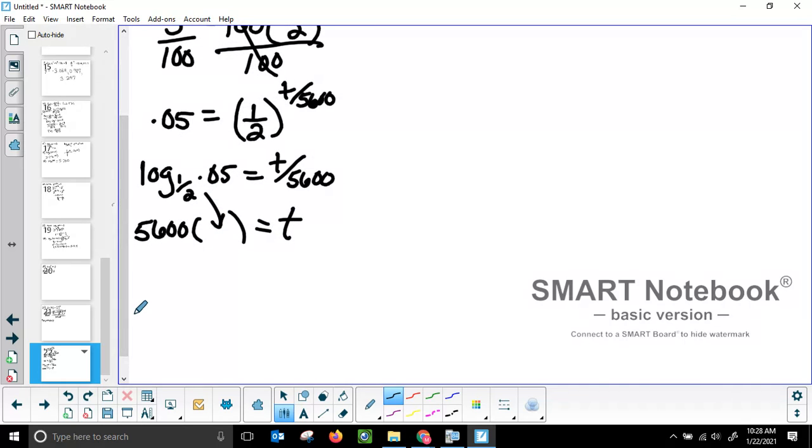So we plug that into our calculator: 5,600 times log base 1/2 of 0.05, and we hit enter, and we get that t is equal to 24,202.797 years.